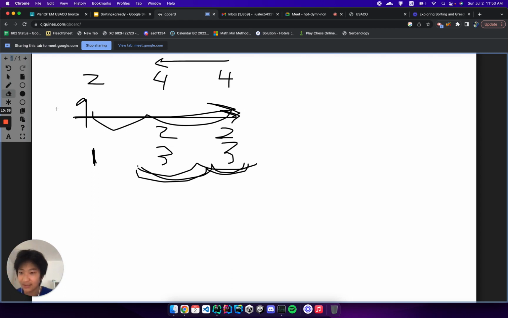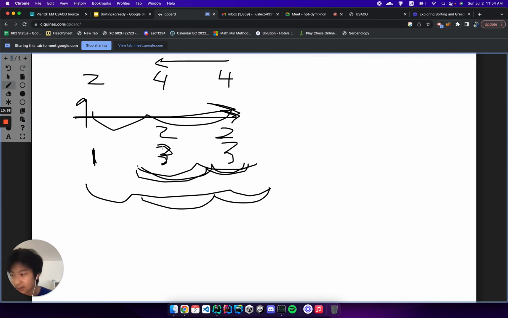So basically, the idea is that we just keep going in one direction, and then we'll go in the other direction if we have to. And what counts as if we have to? Well, if we're going backwards and these values here are still greater than 0, we're going to have to go back to the right.